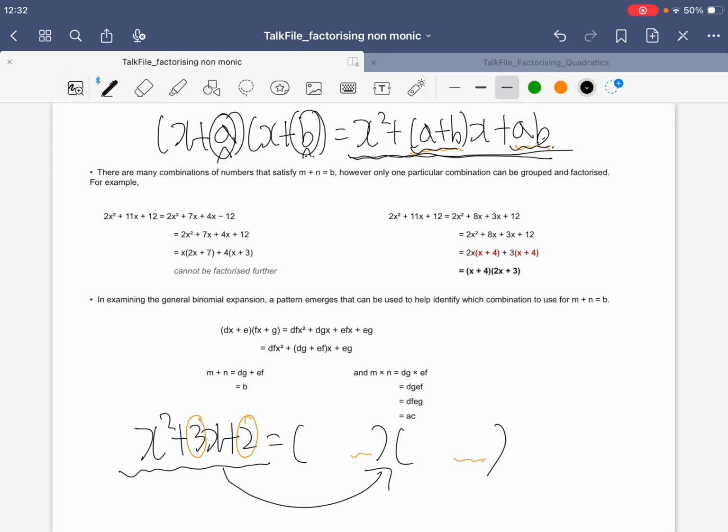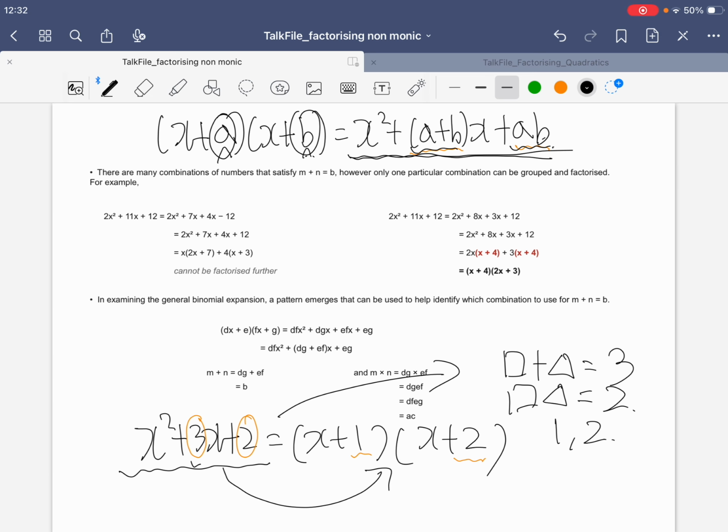So that's why we wanted to know the relationship. And that was the relationship: find the pair of numbers that add up to, in this case, 3, and multiply to 2, and this will be 1 and 2. Then you can factorize x plus 1 and x plus 2 like this.